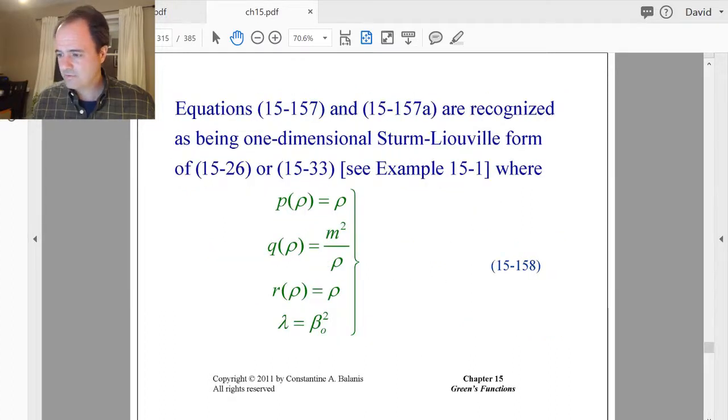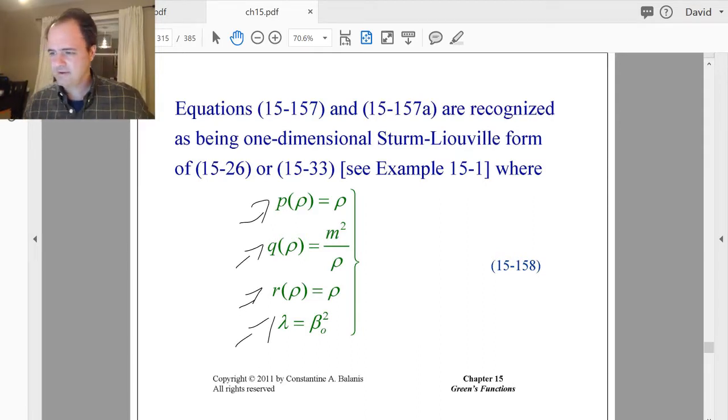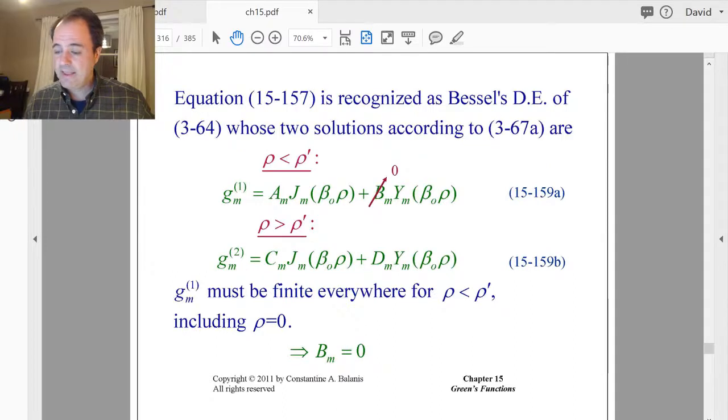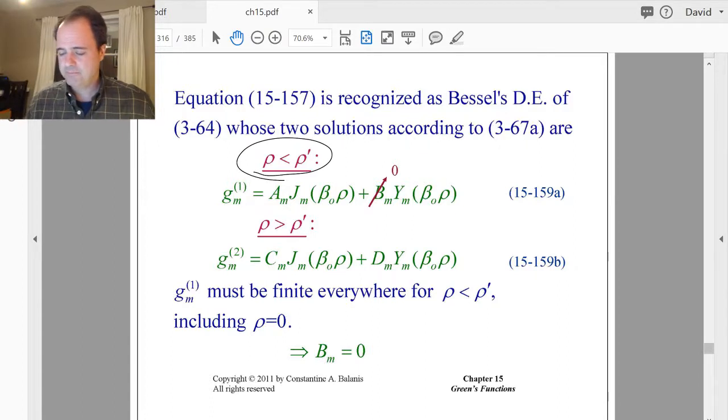And so in the closed form, we need those p, q, r, and lambdas, and we find out what those are, so that we know what the Sturm-Liouville form of Bessel's equation is, and it has to satisfy the same boundary condition. So it has to be finite at rho equal to 0. So that means my beta is 0 for rho less than rho prime, but not necessarily for rho greater than rho prime, because we're excluding the origin in this part here.